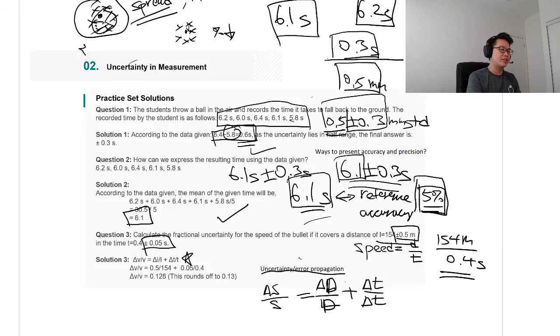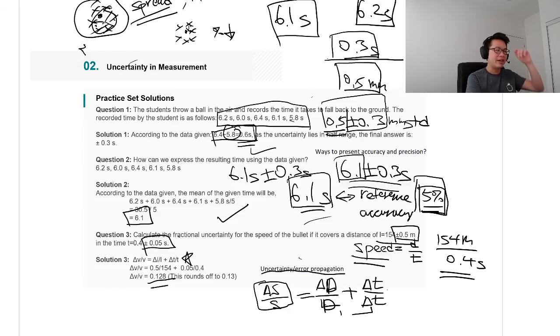Okay, so we just need to plug in our uncertainty over the actual measurement for each, and from here we will be able to know the relative uncertainty in the velocity or speed we calculate. So you just plug in the numbers, and we find it equals 0.128. This is called the fractional uncertainty or relative uncertainty.